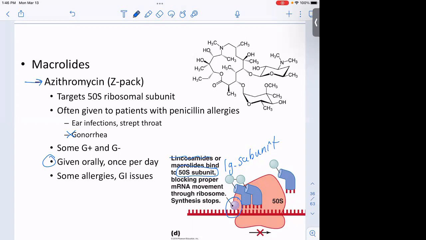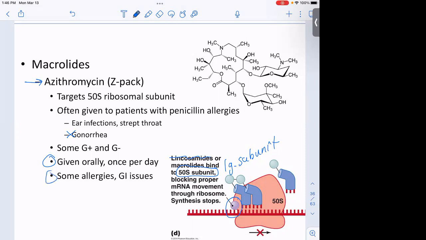So it's really kind of dummy proof, right, to take it. Why can we get away with that? It has a very long half-life. In other words, it keeps its concentration in the tissues. The doses are maintained in the tissues for a long time. So the dosage there is kind of nice. And again, it can be given orally, so that's really nice.